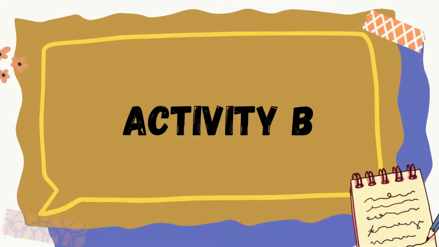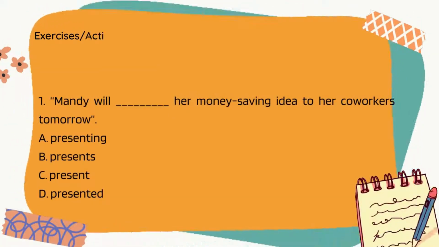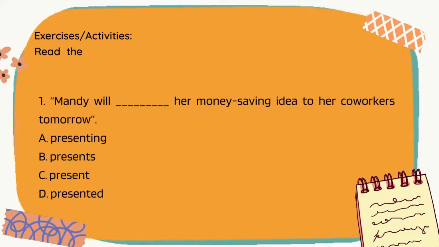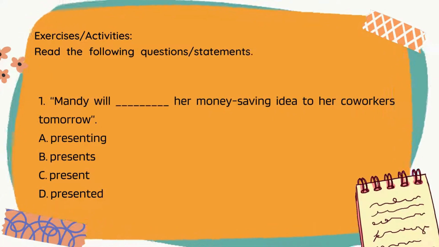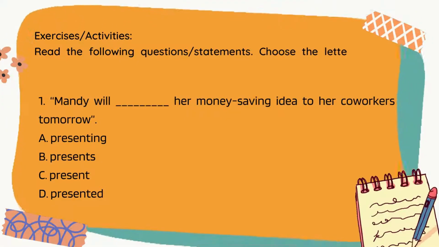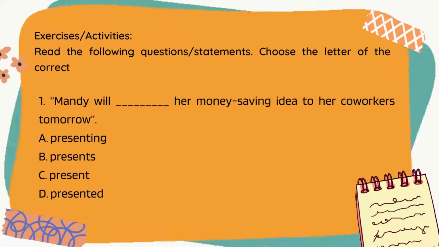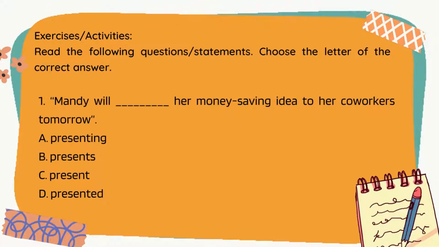Let's move on to activity B. Instructions. Read the following questions or statements. Choose the letter of the correct answer. Here is the first question or statement.